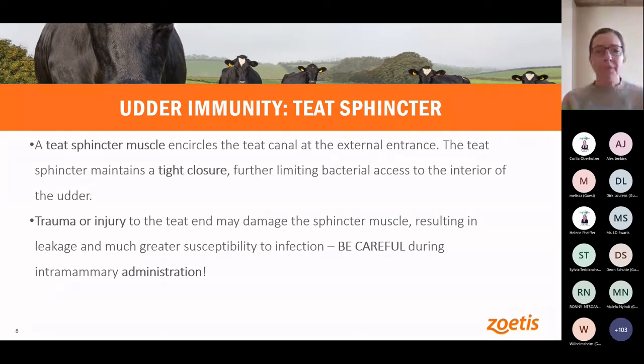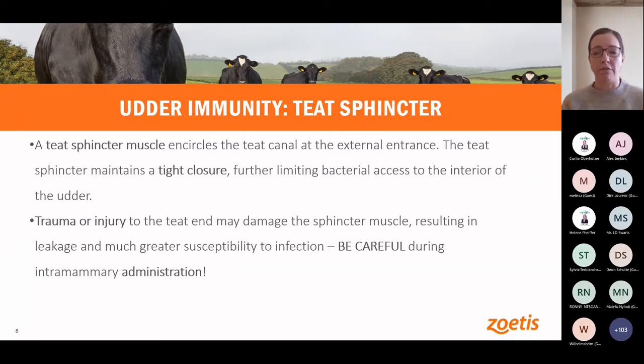Right, so if there is any trauma or injury to this teat end, or specifically to that muscle, it can result in leakage, and it can cause that teat canal to not be closed properly. And obviously then the teat canal is more vulnerable to infection, right?